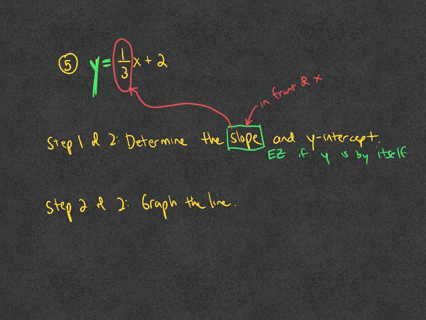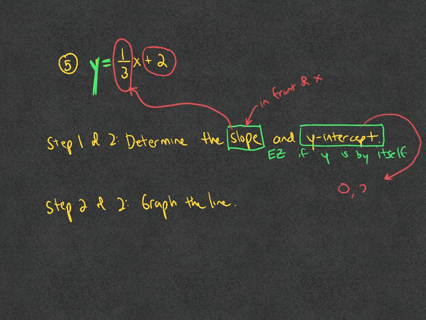And slope is rise over run, so that would mean that the rise is 1 and the run is 3. The y-intercept is just going to be 0 in front of whatever this term is. So the y-intercept in this case is 0, 2.